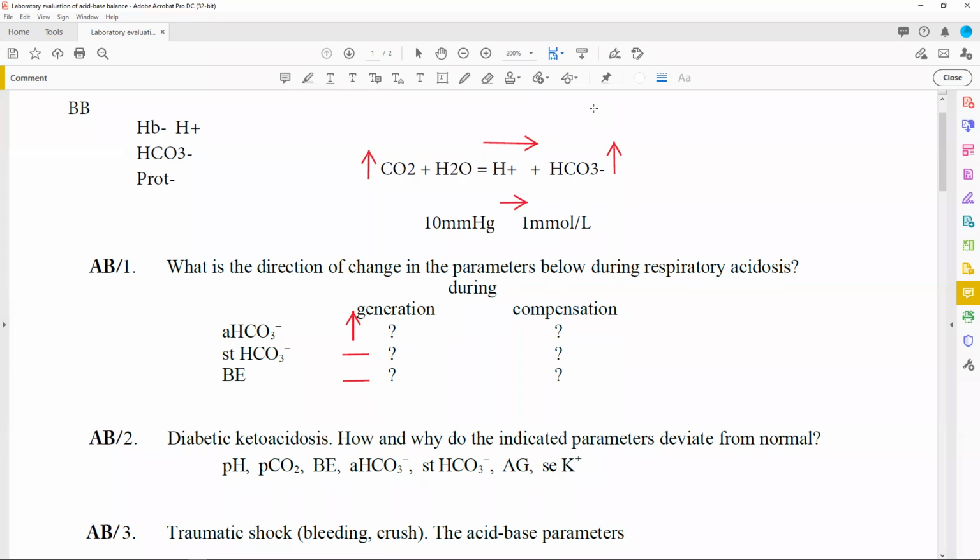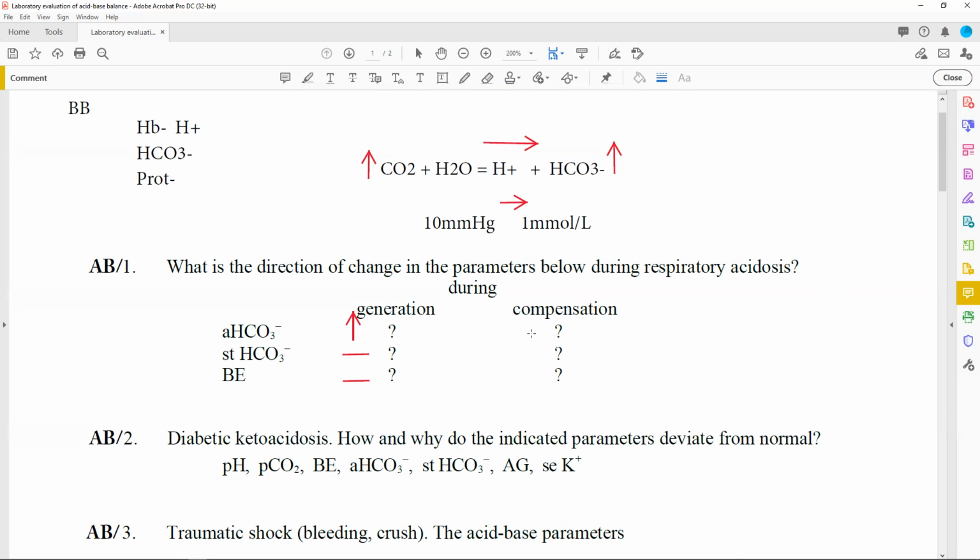So the kidney plays an important role, and because we do have an excess of proton, this proton is secreted by the kidney, gaining bicarbonate. So the kidney will generate metabolic alkalosis to compensate the respiratory acidosis.